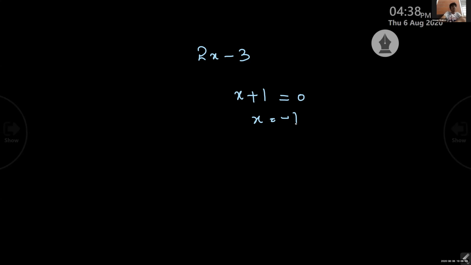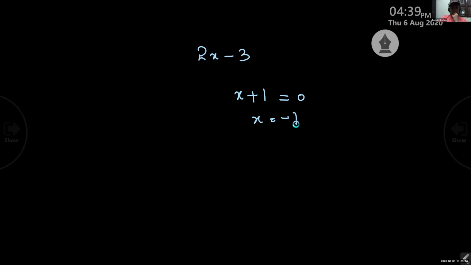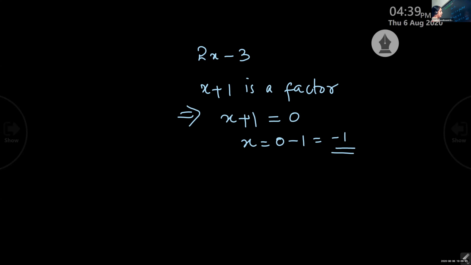Listen. If it is given that x plus 1 is a factor, it implies you equate x plus 1 to 0, x equals 0 minus 1, you will get negative 1. That is why you are writing p of negative 1.